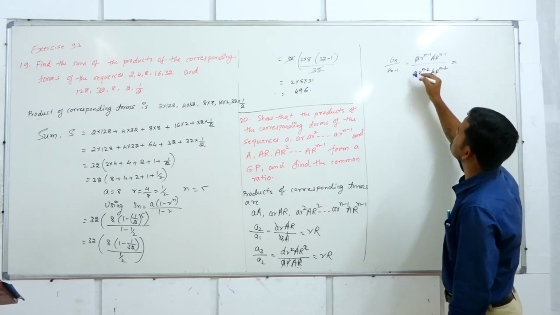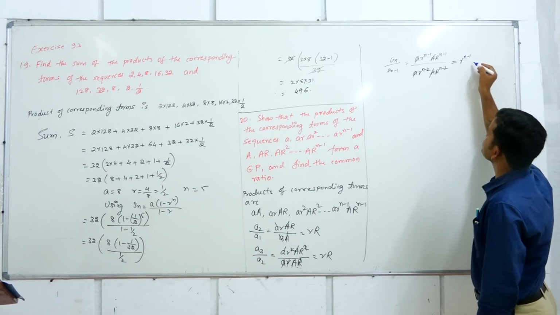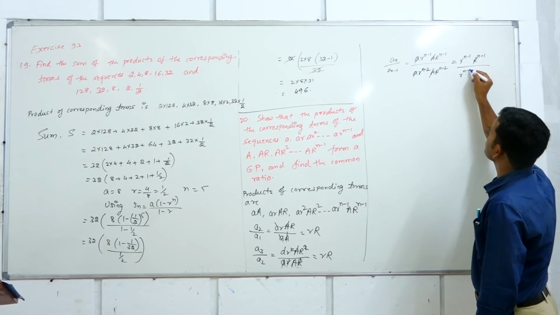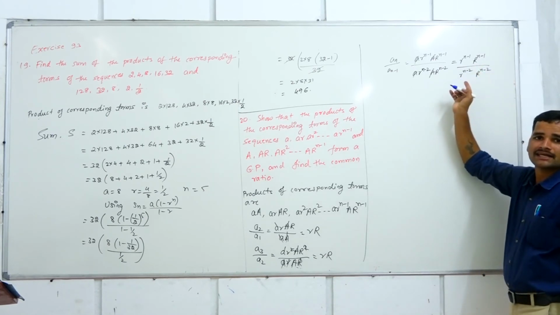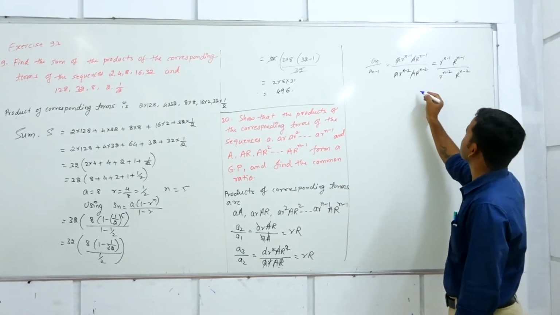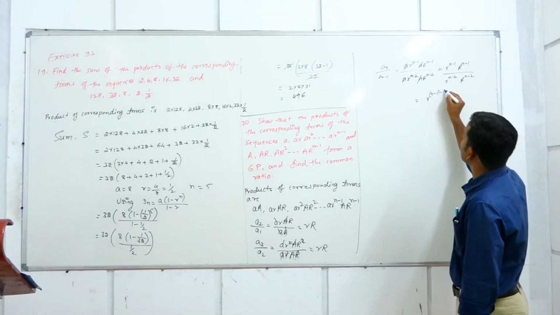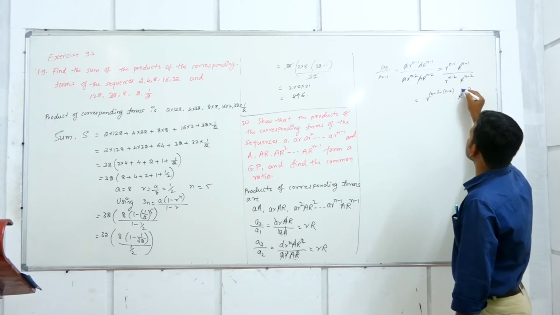A and A get cancelled. We will be having R to the power of n minus 1 into R to the power of n minus 1 divided by R to the power of n minus 2 into R to the power of n minus 2. These are like A raised to m by A raised to n, nothing but A raised to m minus n. I can write here R to the power of n minus 1 minus (n minus 2) into R to the power of n minus 1 minus (n minus 2).